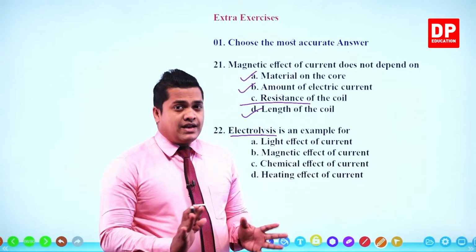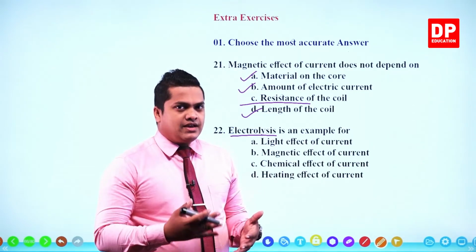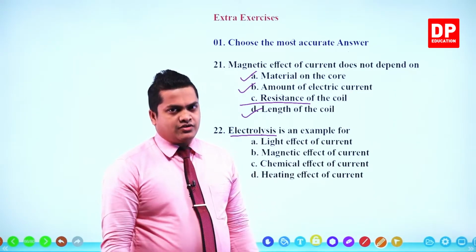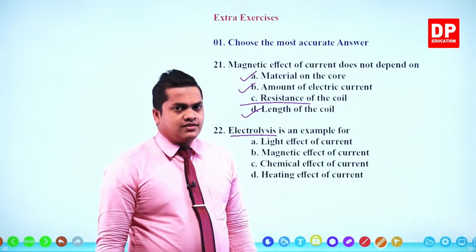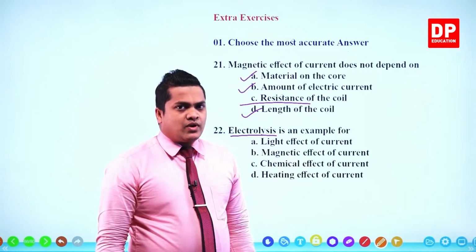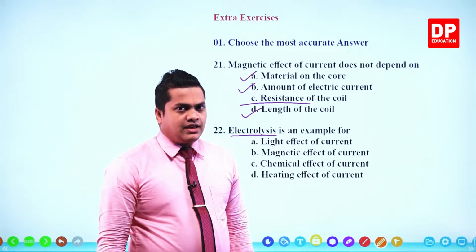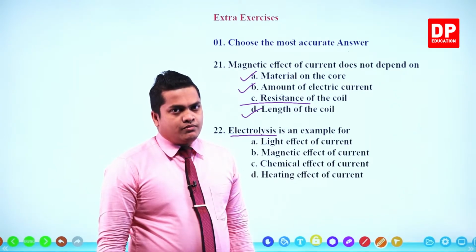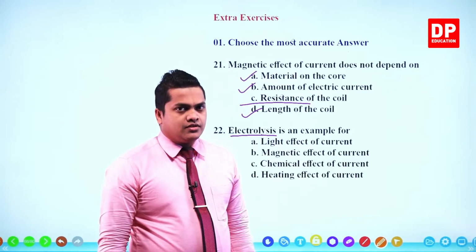But we have to provide electricity. By providing electricity, generating a chemical reaction is referred to as electrolysis. So in electrolysis, what happens? We provide electricity in order to make a chemical reaction.